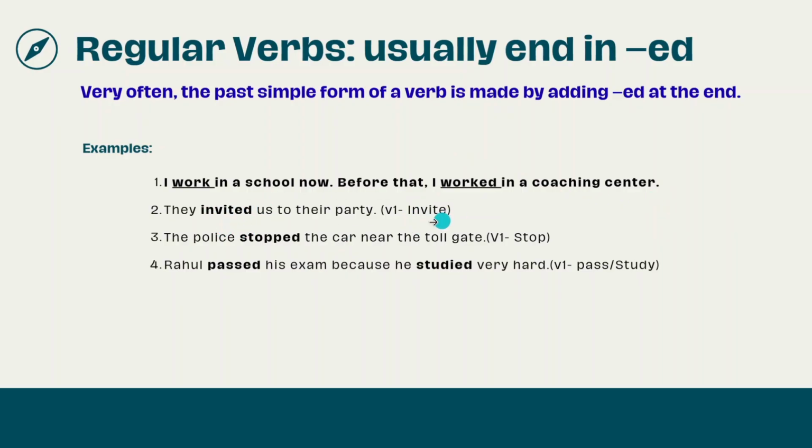Now, invite has the spelling of final e. Just add d to that if you have one e already. The police stopped the car near the toll gate. Rahul passed his exam because he studied very hard. So these are all regular verbs because they are usually ending in ed, right?